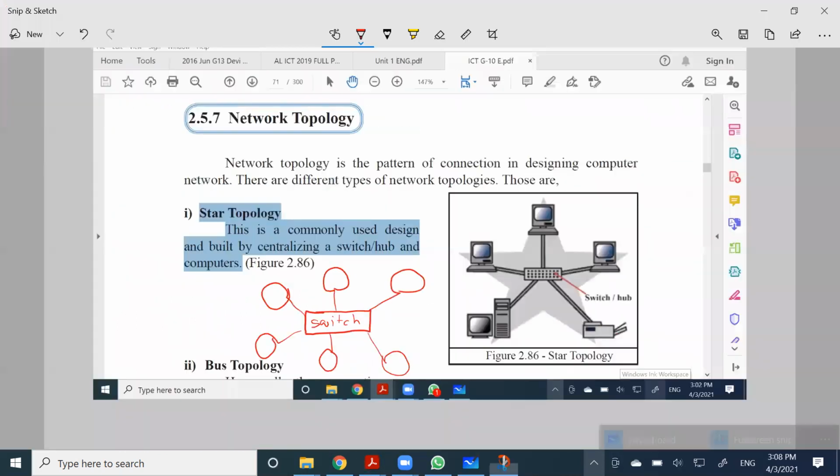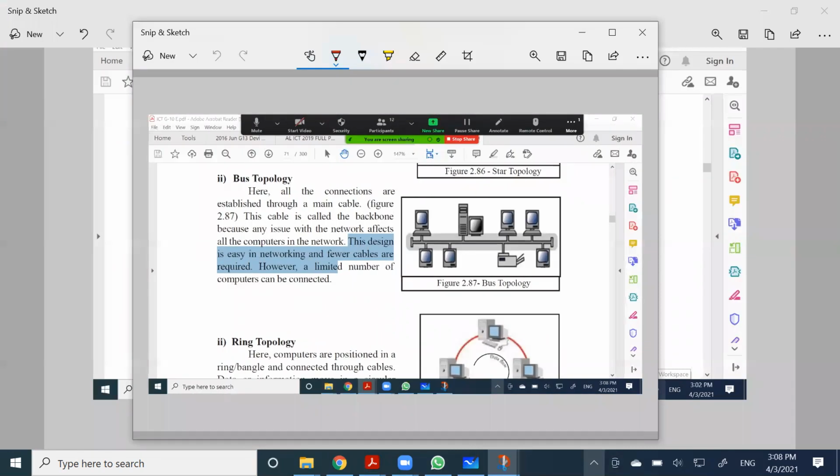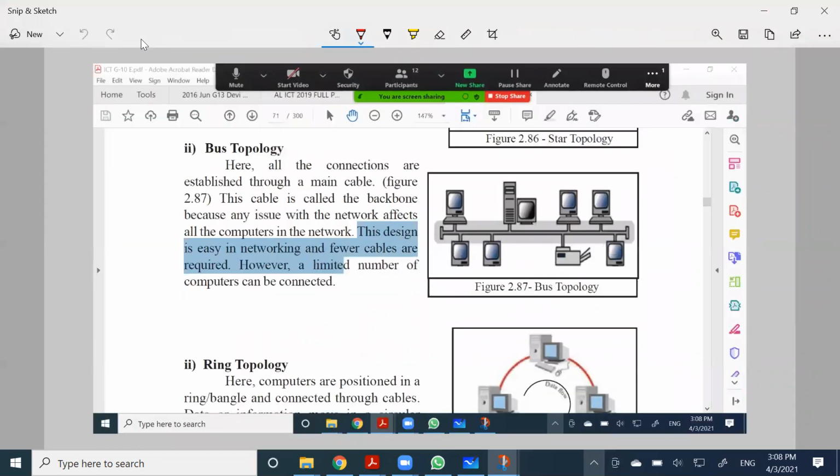This is the way you are going to draw the bus topology. So you can draw it like this.